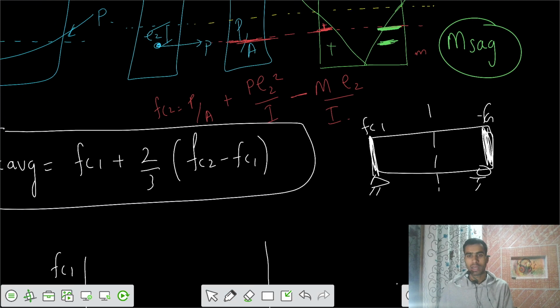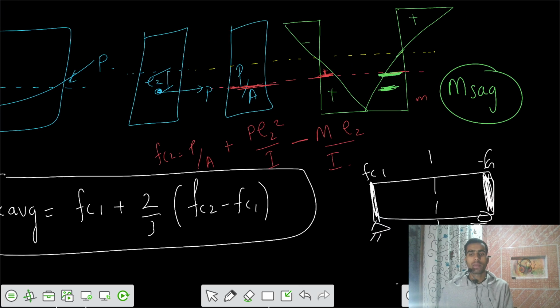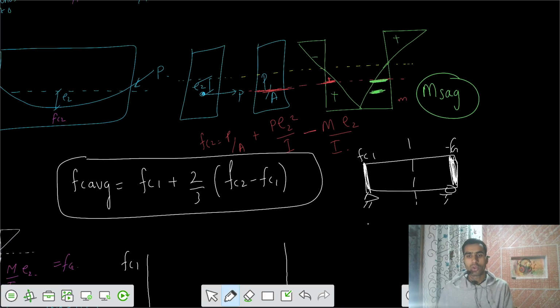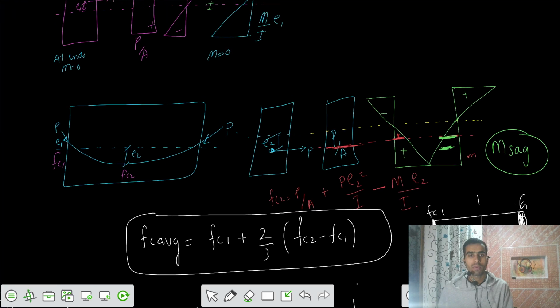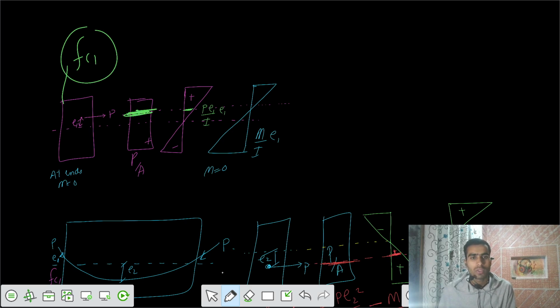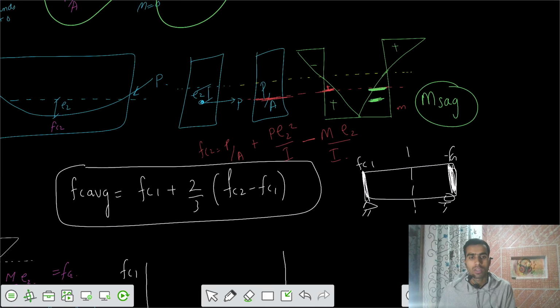If I see that here, it depends on the value. Let's say that you got some value of FC1. Where was the FC1? Yeah, this was your FC1. This was also one more value, and this was 0. So you got some positive value, and here we also got some value.